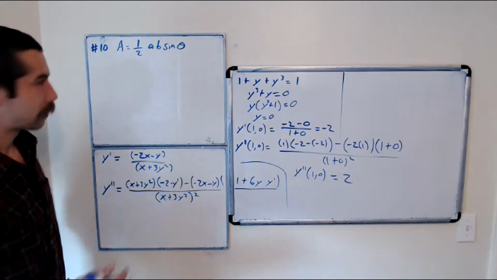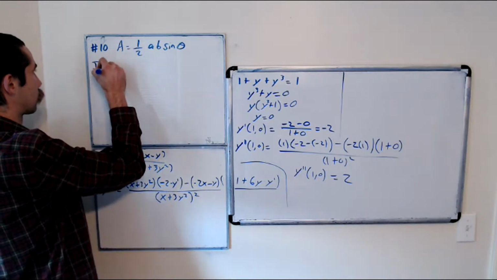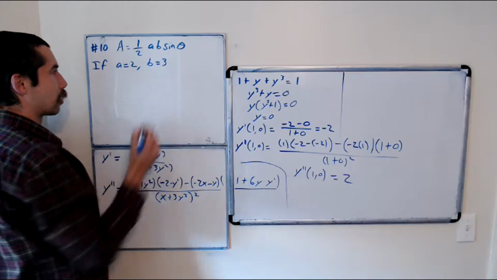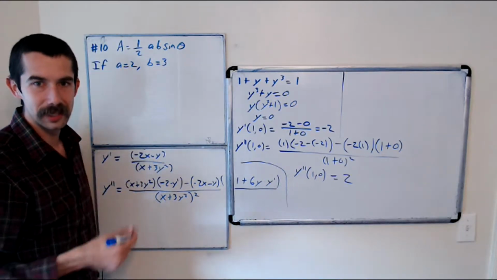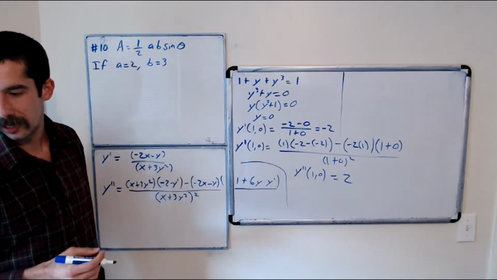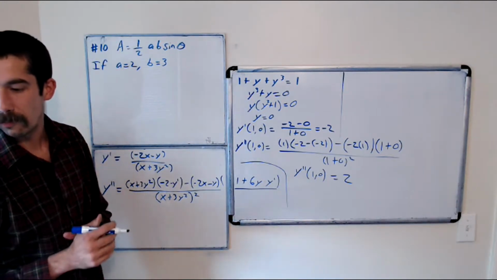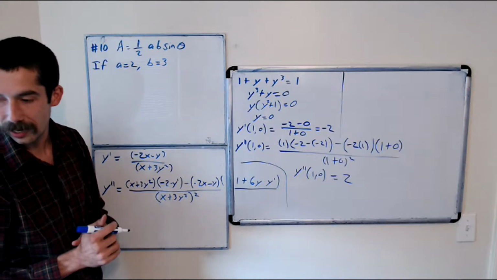Okay, so if a equals 2 and b equals 3, okay, so this is given to us. If a equals 2 and b equals 3, and theta increases at a rate of 0.2 radians per minute.